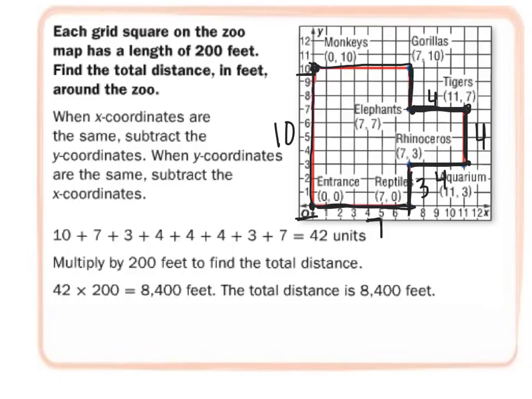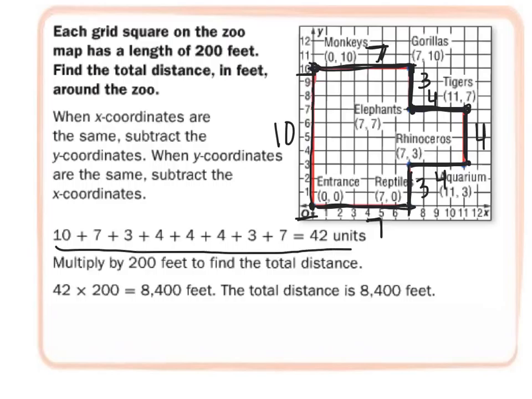Right here, elephants to gorillas, 7 to 10, this is 7, this is 10. So that is 3. And then I go from gorillas to monkeys. Gorillas is at 7, monkeys is at 0, so that's 7. So I found the distances of all the sides, and now I need to add them all up, which you can see right down here.